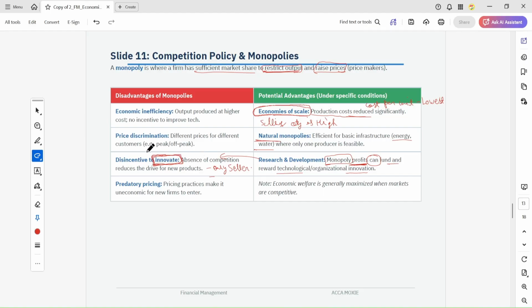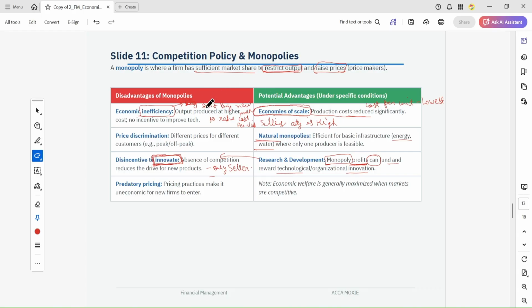And because you are in the monopoly, you also become inefficient. What does inefficient mean? It means you don't buy new machines to reduce cost per unit. When you buy new machines and new technology, your cost per unit will reduce.